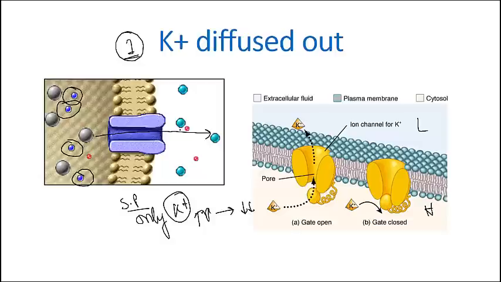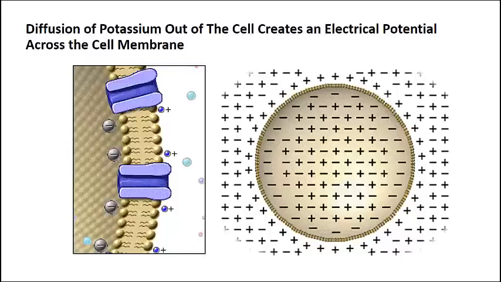Diffusion of this potassium out of the cell creates an electrical potential across the cell membrane. Do you know why? Because potassiums are positively charged, movement of all these potassium ions outside the cell causes a net positive charge outside the membrane and a net negative charge inside the cell or cytosolic region.